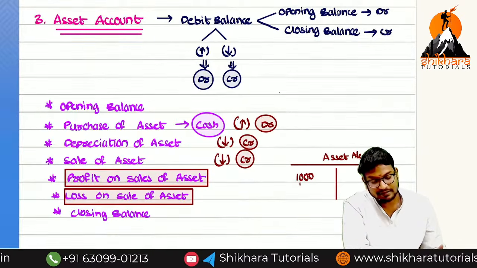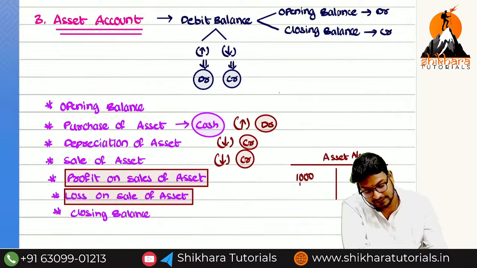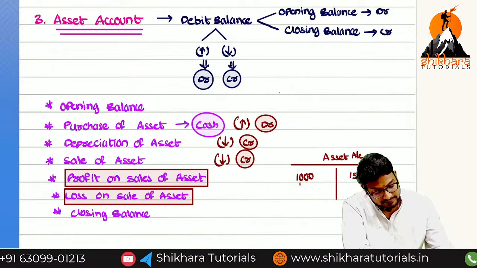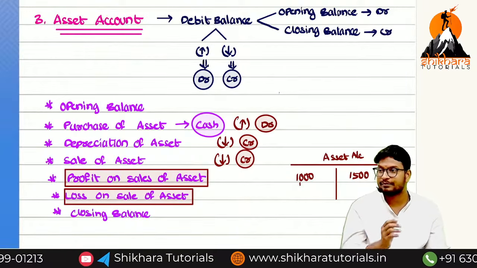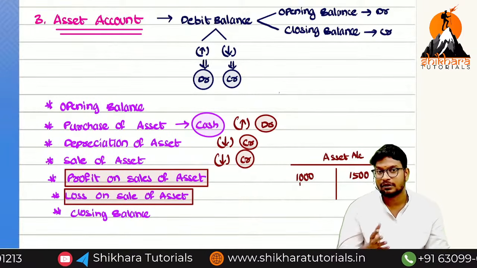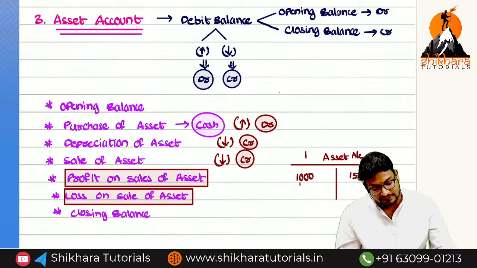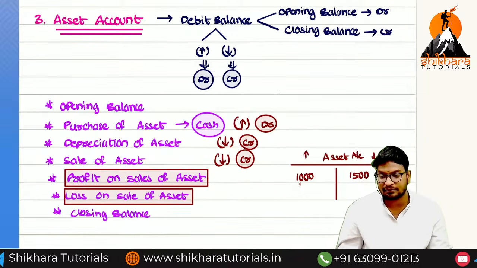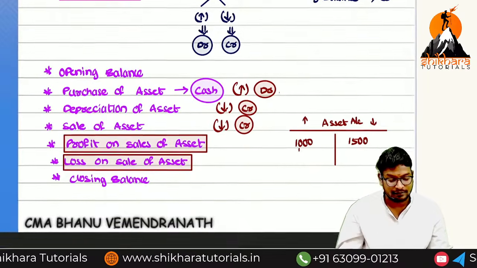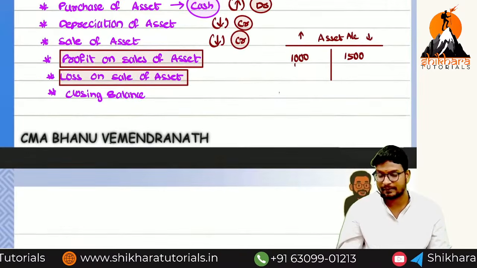The same asset we are going to sell at, imagine, 1500 rupees. If you sell, does the value come in or go out? It goes out, the value will decrease. If the asset increases it is the debit side, decreases means credit side, opposite. Even without the entry we can prepare the asset account or any type of account.